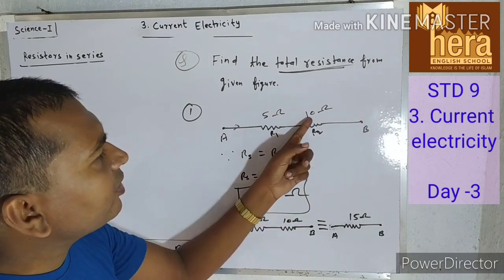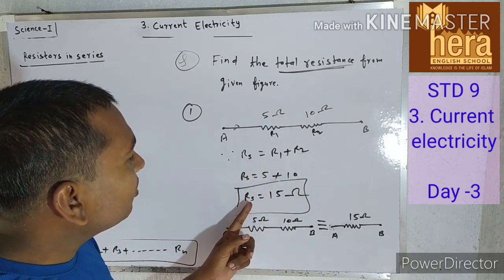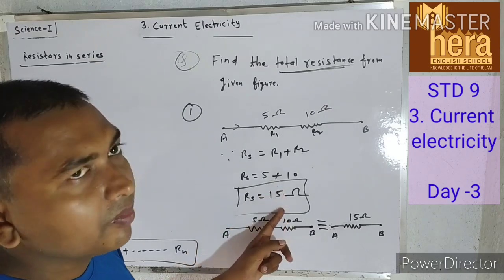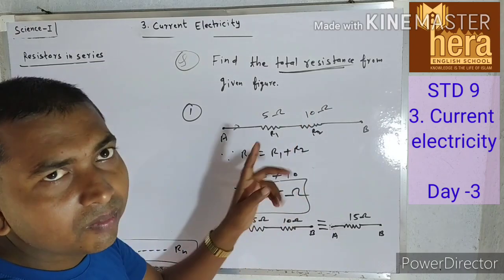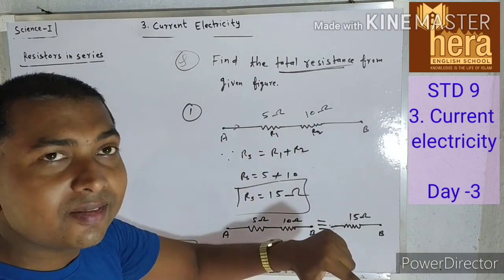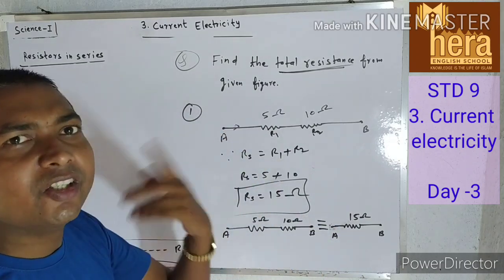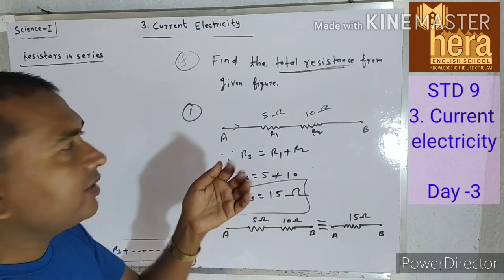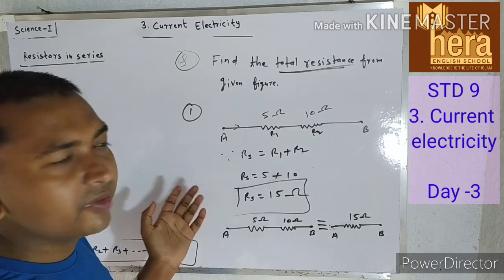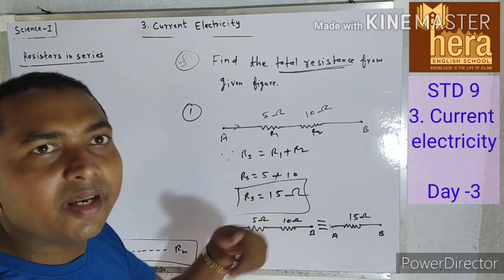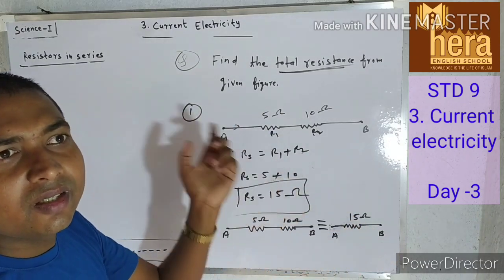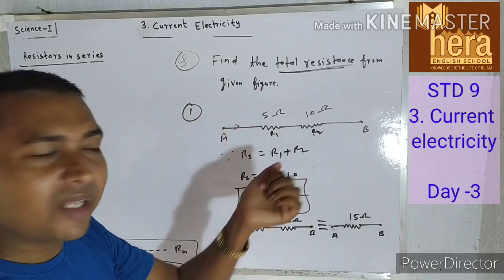Here the highest resistance is 10 ohm and total resistance is equal to 15 ohm, that is greater than 10 ohm. But in case of parallel resistance, I will explain in the next lecture because it is taking too much time. I will explain resistors connected in parallel in the next lecture.